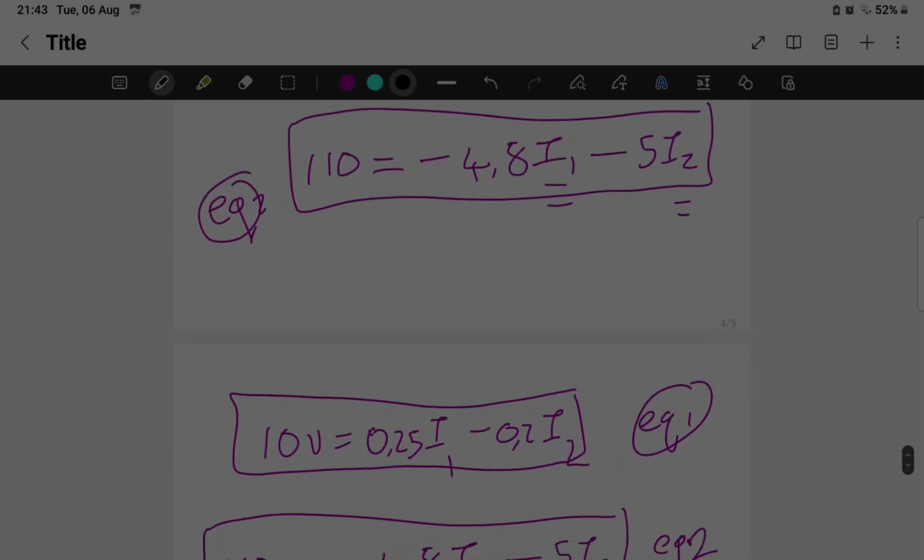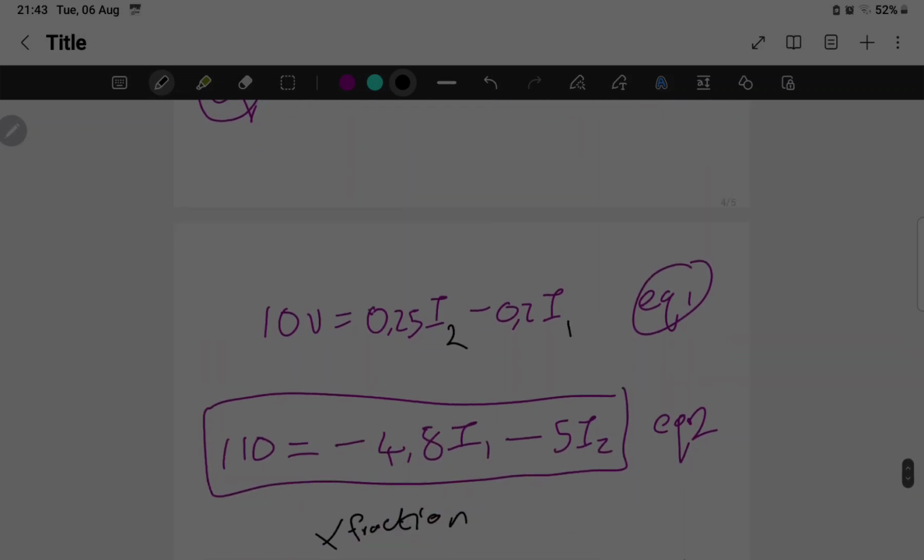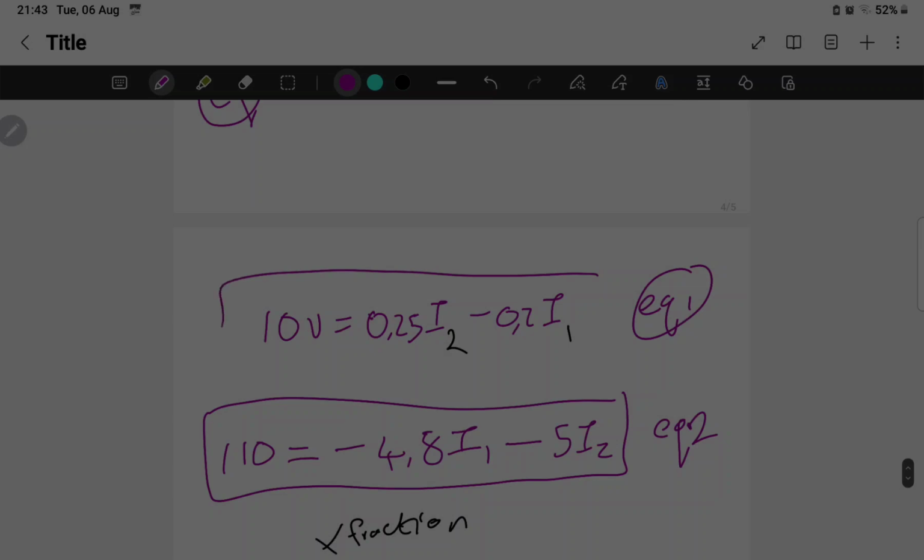Let's make sure we have the equations right. So we have 10, 0.25. Okay, so apparently I made a mistake here. This is I2 and this is I1. So let's do that again.